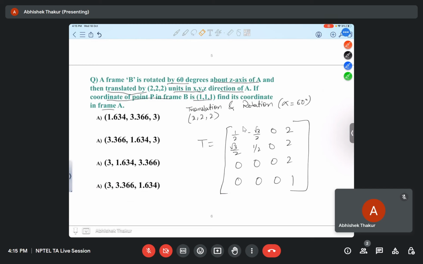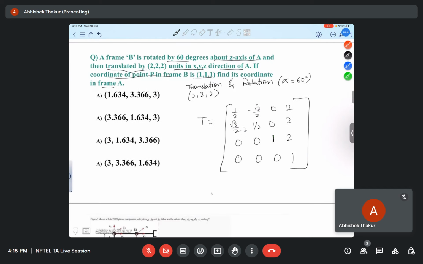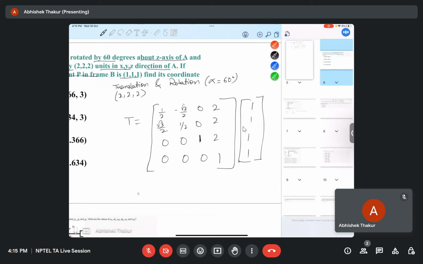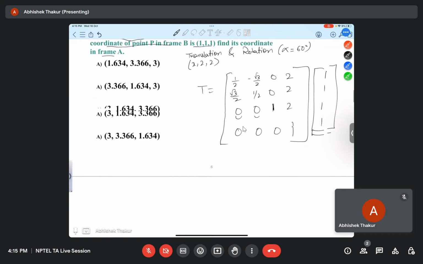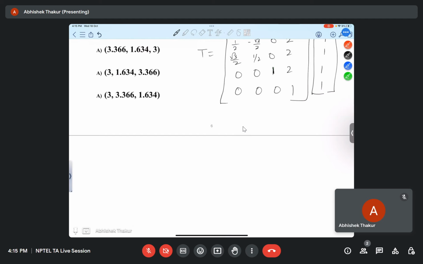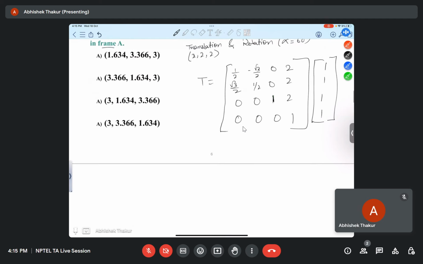Sorry, here this term is 1 because this is our rotation matrix. Now we'll keep our point, and first you remove this.